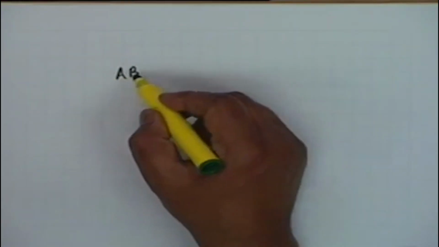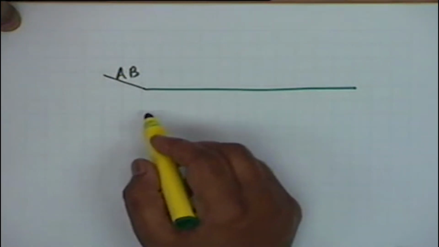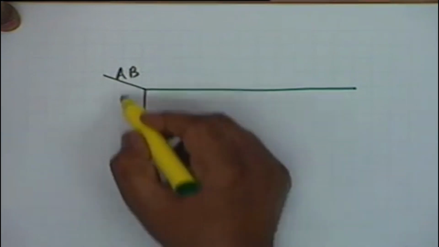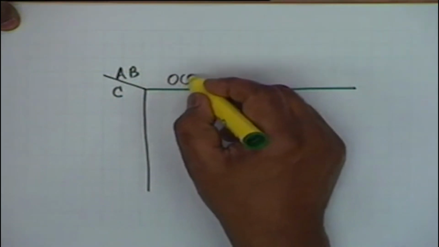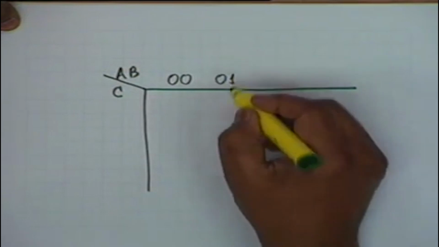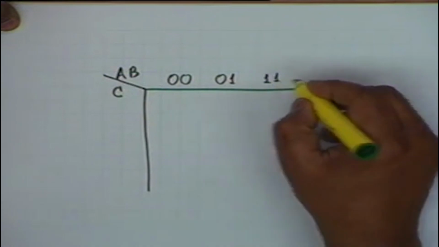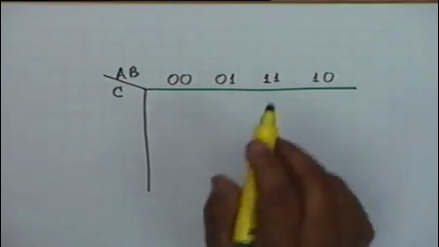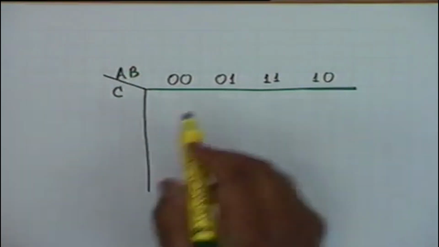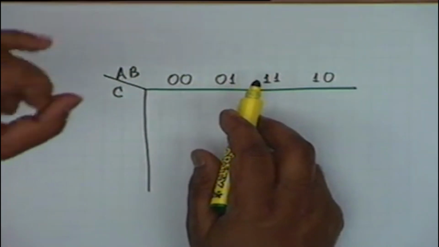What is done is that possible combinations of AB are written on the horizontal line. What are the possible combinations? 0, 0, 0, 1, 1, 1, 1, 0. There is a specific reason why we write this. A Karnaugh map must be written with 2 adjacent numbers differing in only 1 bit, not more than 1.